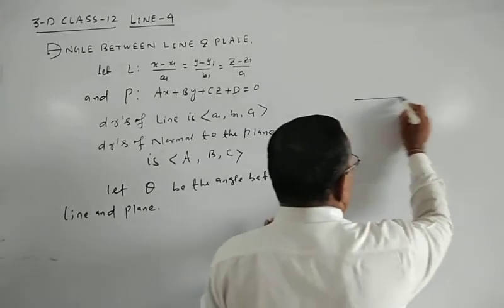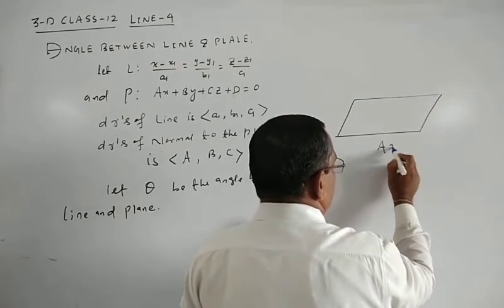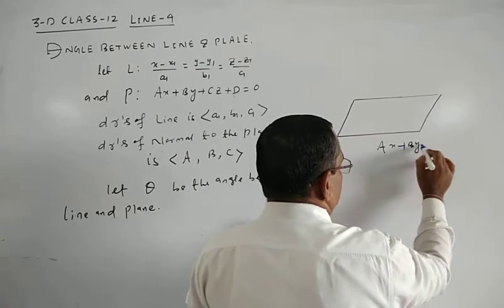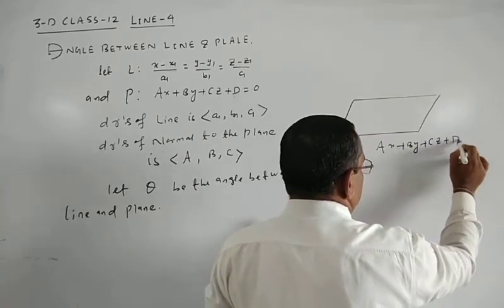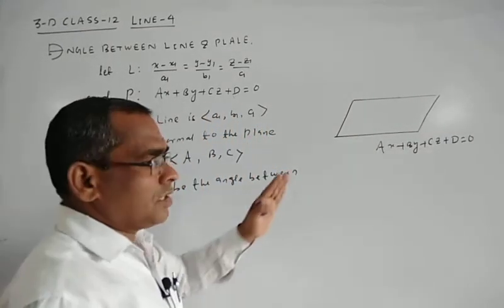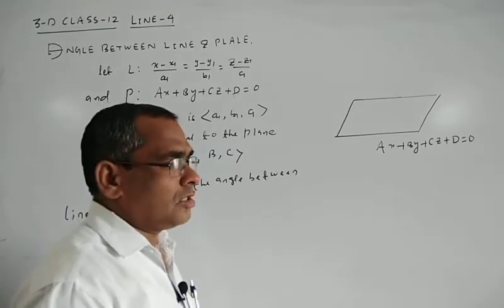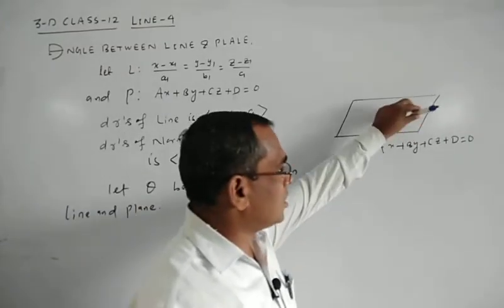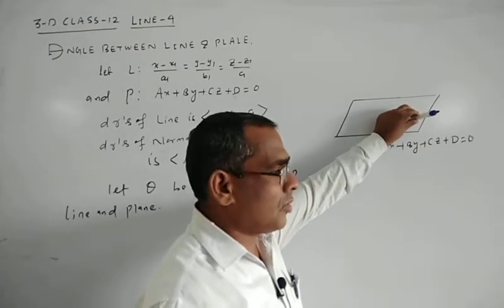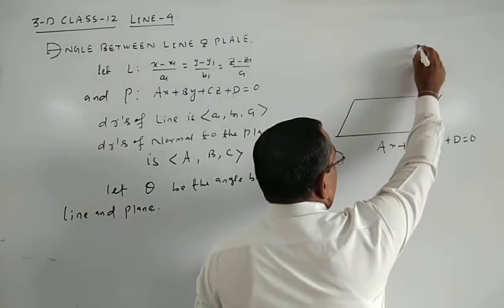So clearly this is a plane and its equation is Ax plus By plus Cz plus D is equal to 0. The line which is perpendicular to the plane will be the normal, and we draw it in the figure in this way.